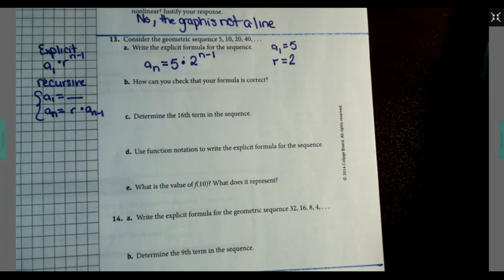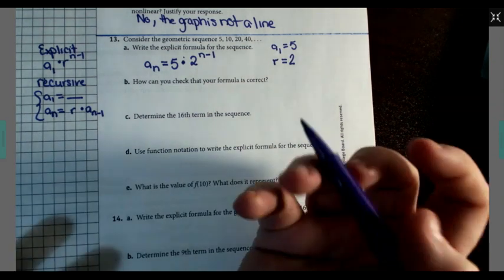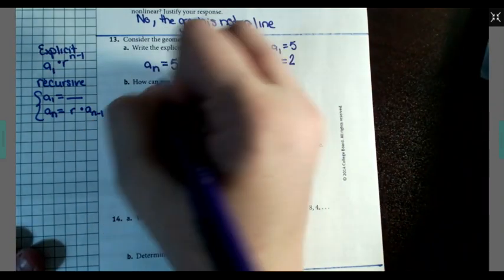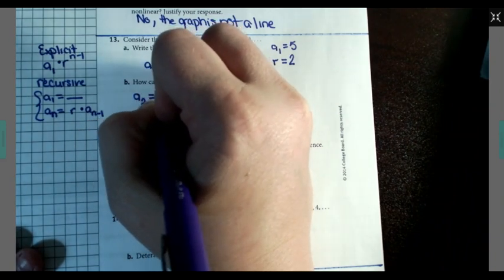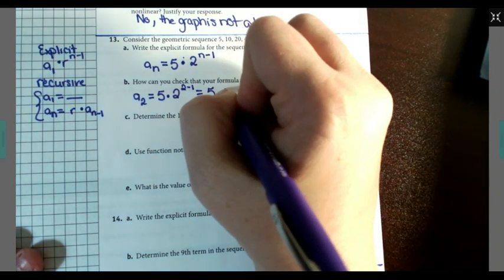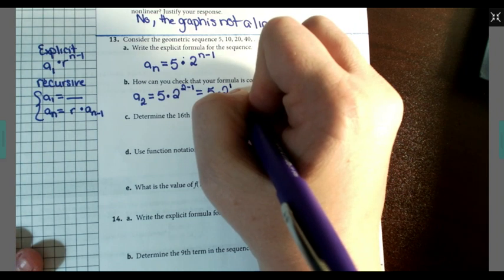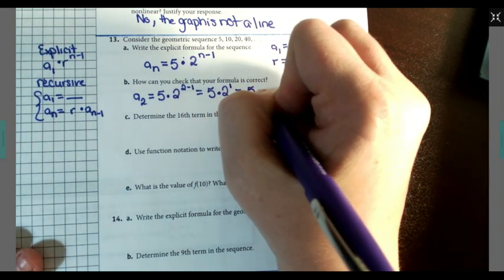How can you check that your formula is correct? I can say, find the second term. So let's do 5 times 2 to the 2 minus 1. That's going to be 5 times 2 to the 1 power. 2 to the 1 power is 2.